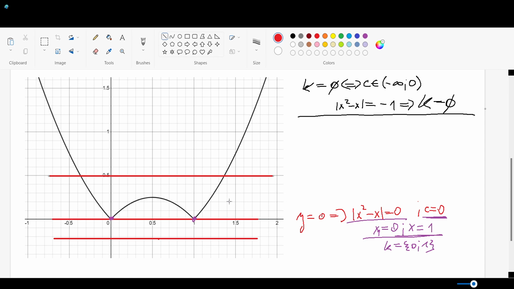Now you can very clearly see that we have two intercepts, which are basically two solutions, which in this case are these two points. So these two points have their x coordinates, and these are the solutions for the equation x squared minus x is equal to 1 over 2, or if you want, 0.5.